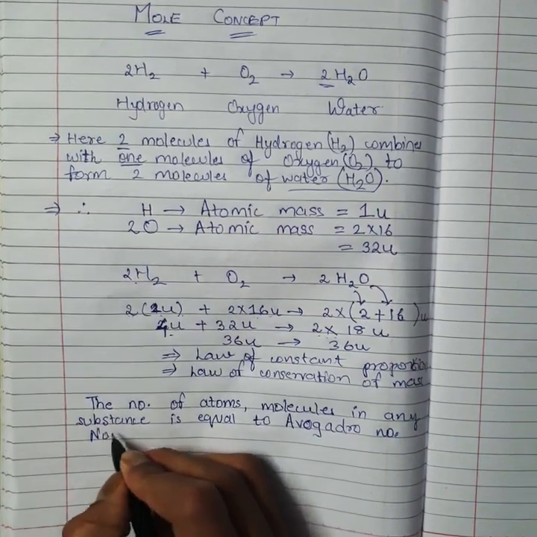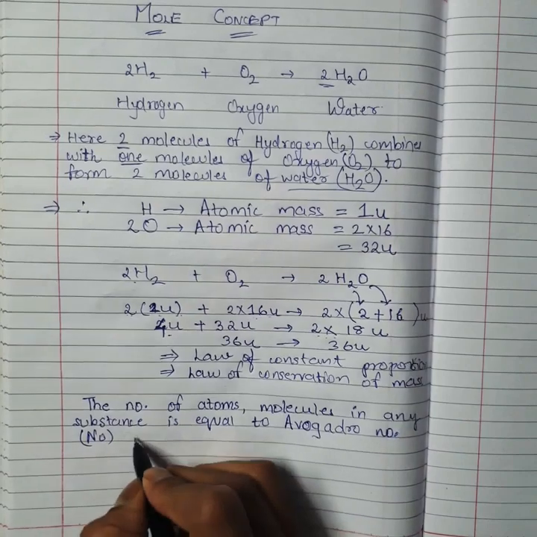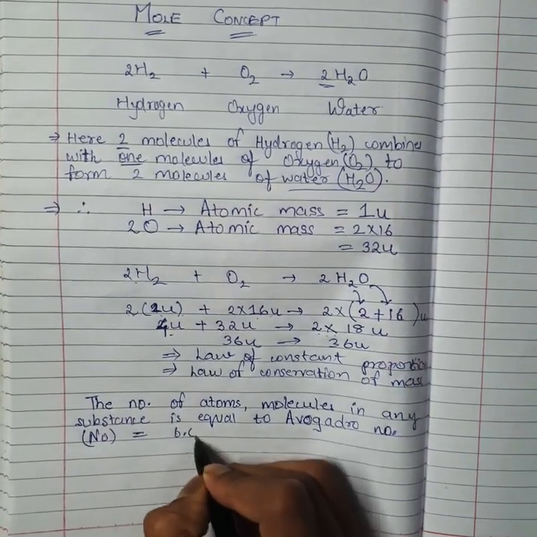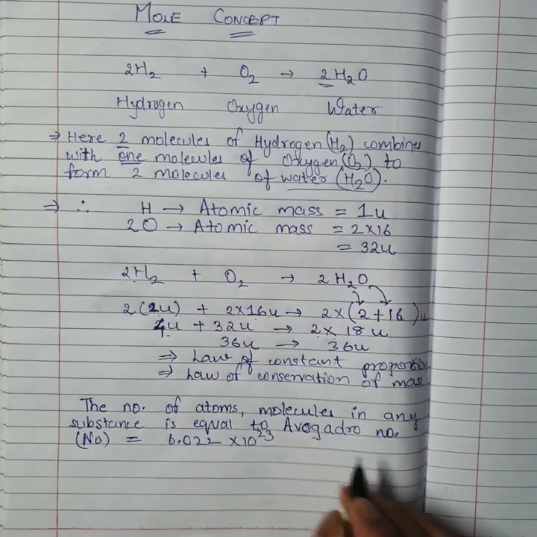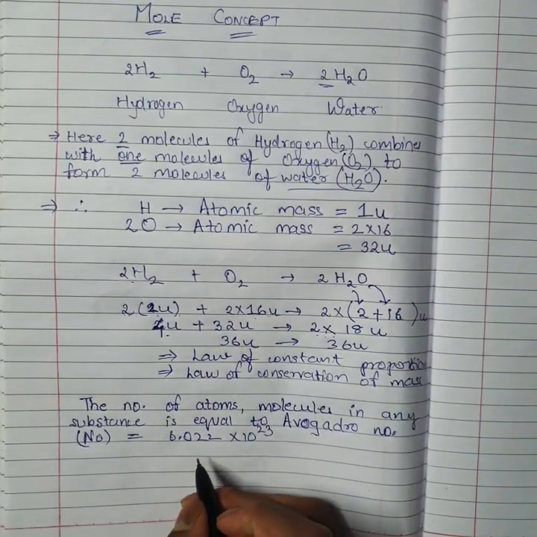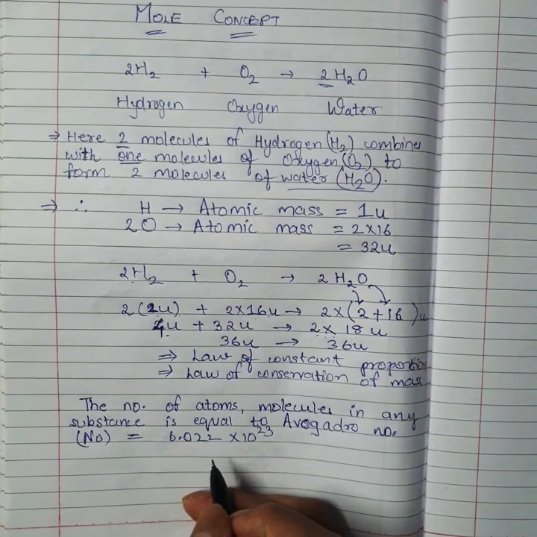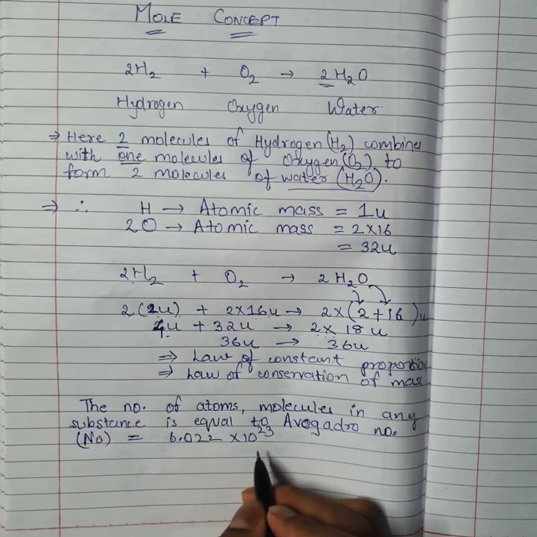He indicates it as N0. He has given the symbol N0 and its value is 6.022 into 10 to the power 23. So what Avogadro has proposed is that the number of particles, atoms or molecules in any substance is equal to its magic constant or Avogadro number, that is 6.022 into 10 raised to 23, right?